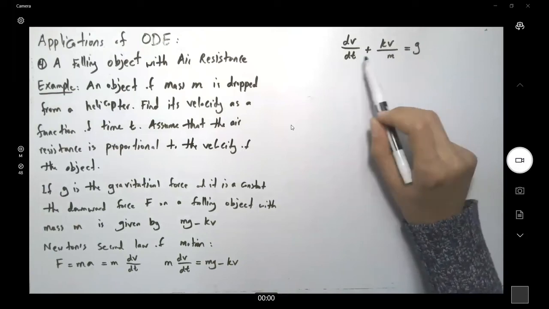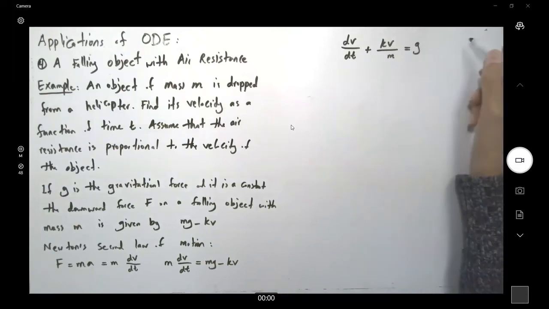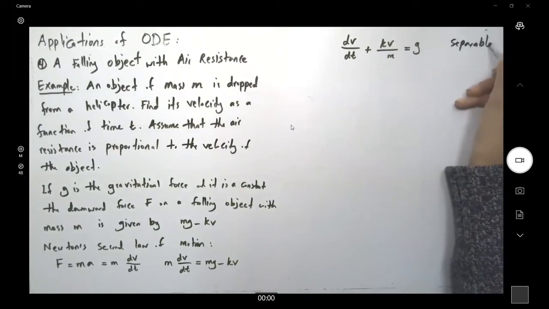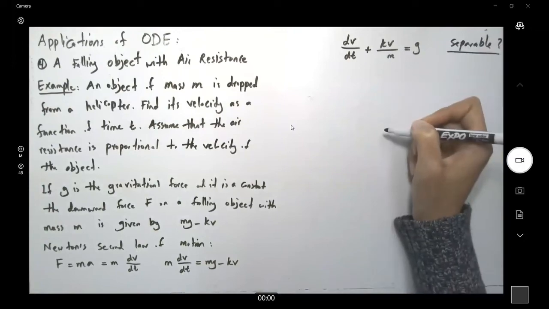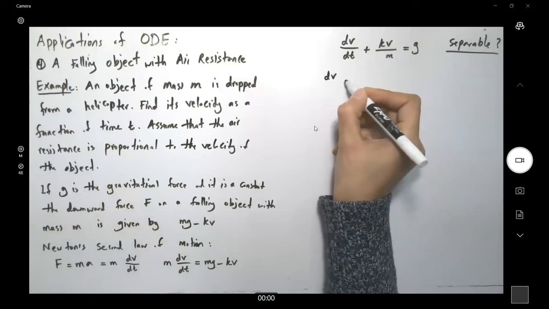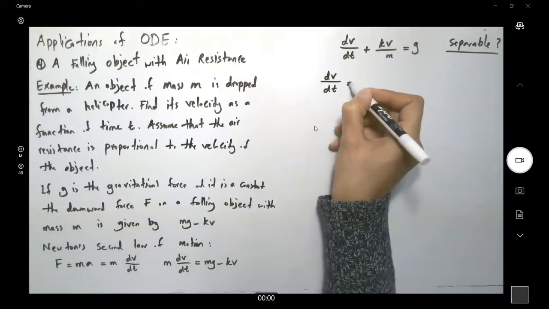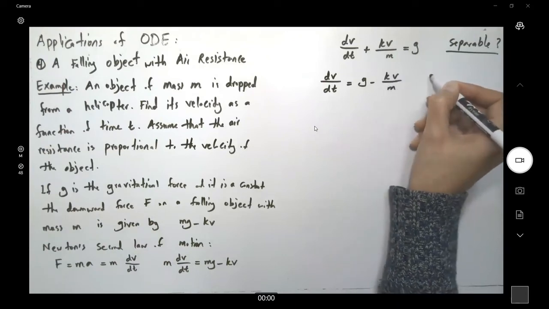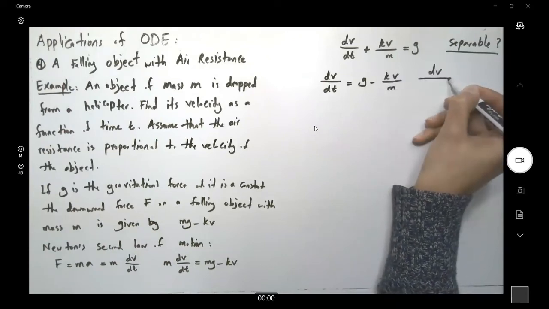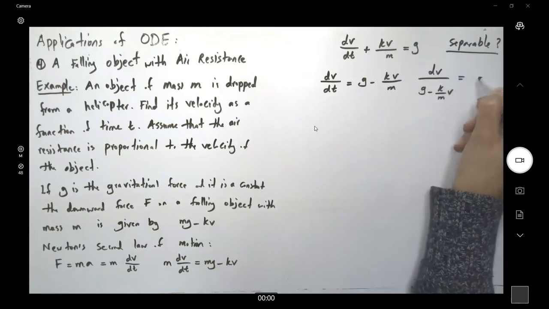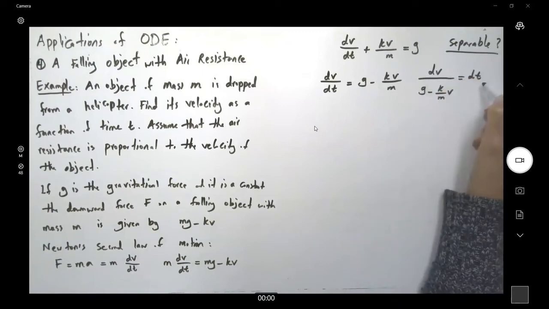Let's check to see if we can write this in separable form. dv/dt is equal to g minus (k/m)v. So dv divided by (g minus (k/m)v) is equal to dt. As you can see, we have a separable differential equation.